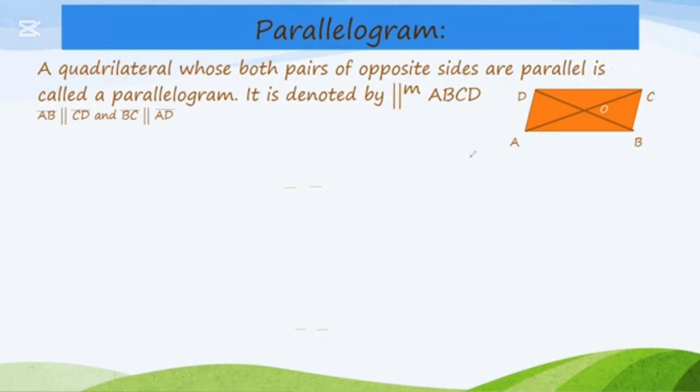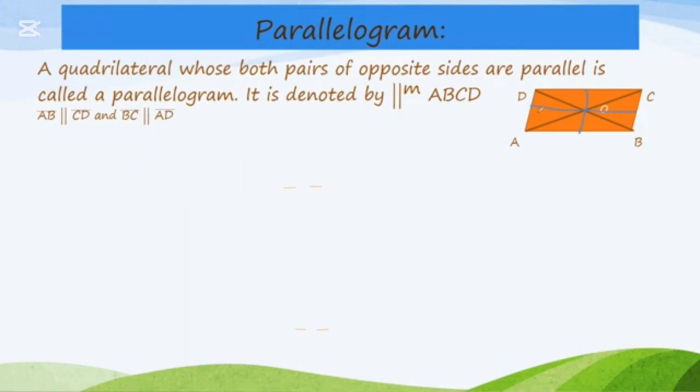A, B, C, D, right? So here in this picture, you can see that a quadrilateral whose opposite sides are parallel. Here you can see that AB side and CD, these two sides are parallel, okay? And side BC and side AD, they are parallel to each other.